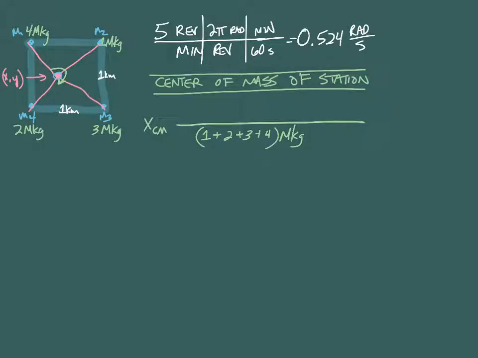And then I'm going to have all of these position mass products. So if I have an origin of the system, that means that each one of these masses is 500 meters left and right and 500 meters top and bottom of the middle of the square.